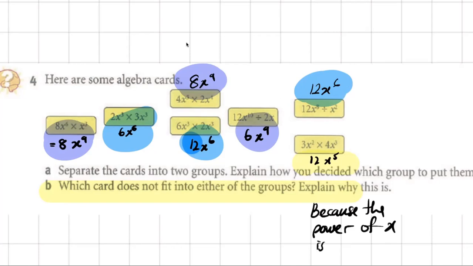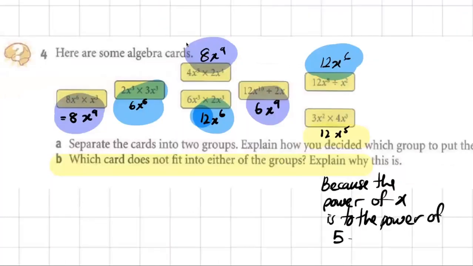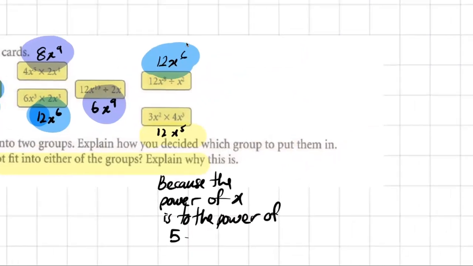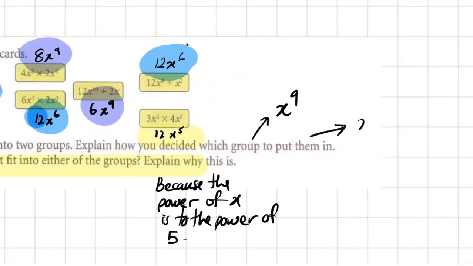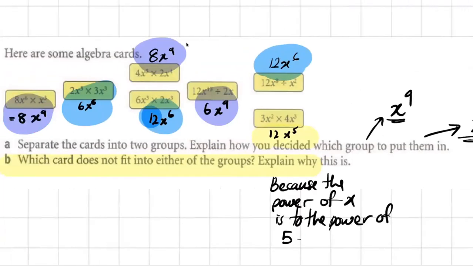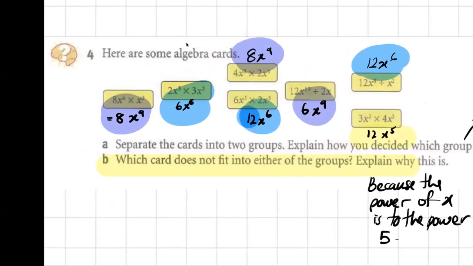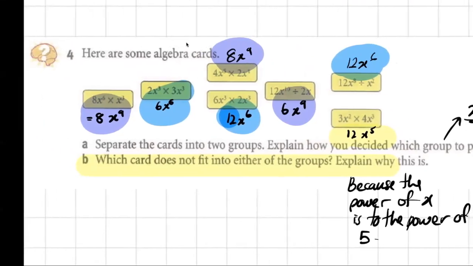Okay, so we separate into two groups: one is x to the power of 9, one is x to the power of 6. Let's double check. All right. And that would be all for question 4, exercise 9.1.